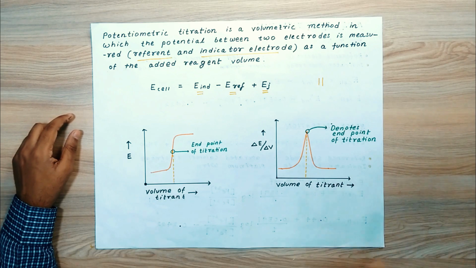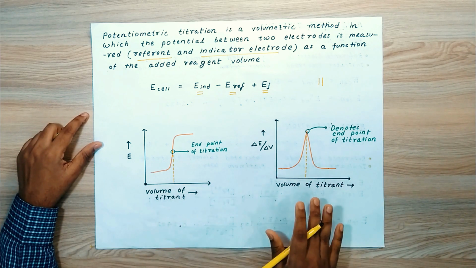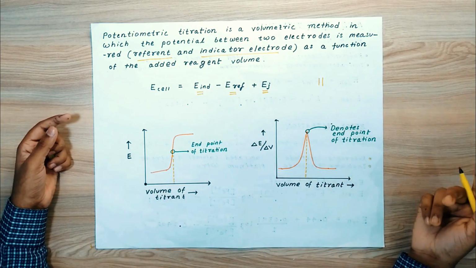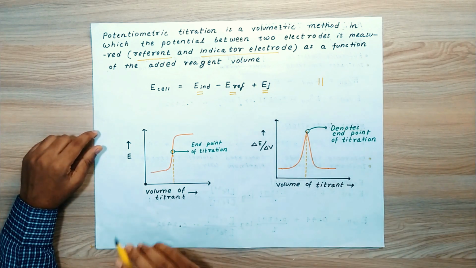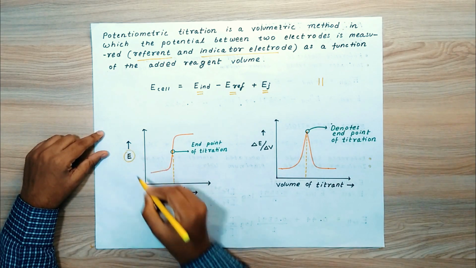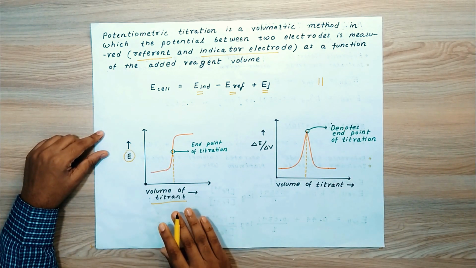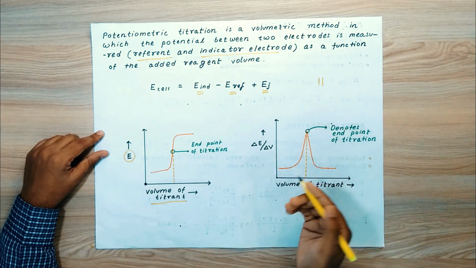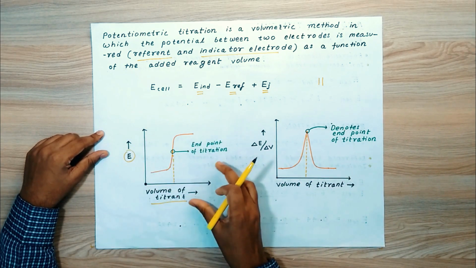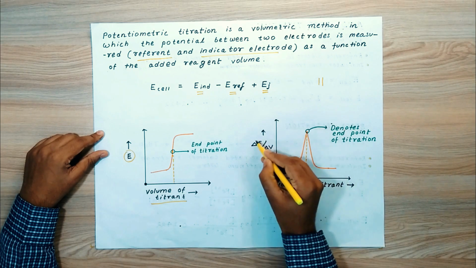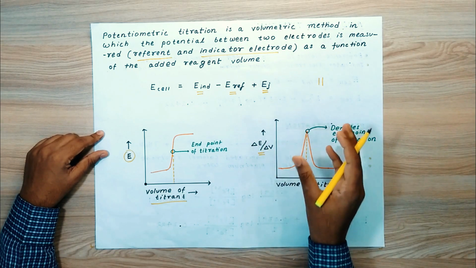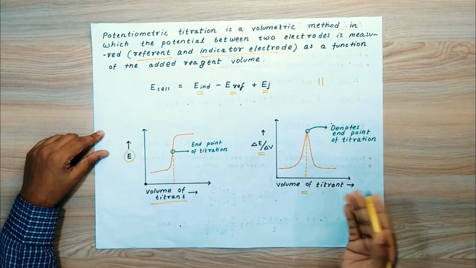Here you can see two graphical representations of the potentiometric titration. The first graph is the electrode potential versus the volume of titrant added, and the second graph is the first derivative of the data of the first graph, plotted on the y-axis versus the volume of titrant added on the x-axis.